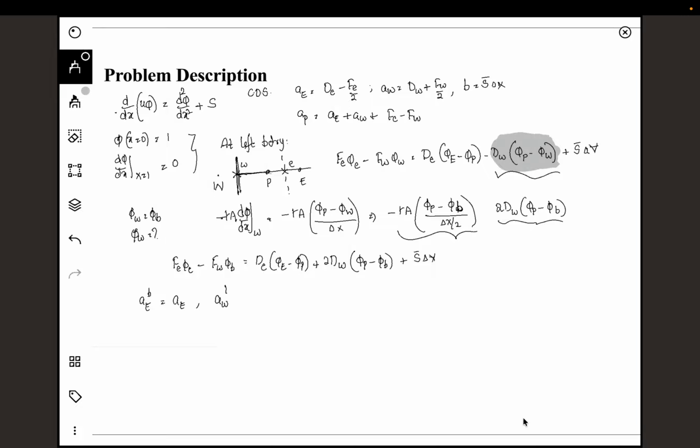For my west coefficient, I'm not solving for any variable on the west boundary, so that should become 0. My source term previously was whatever Sb times delta V, but now I have an additional source term coming because of this phi b, which is the Dirichlet condition. There is a flux, there is a constant phi here. Because of that, additional flux comes. And because it's in half cell, there will be a 2 here. So that will be 2 Dw plus Fw times phi b.